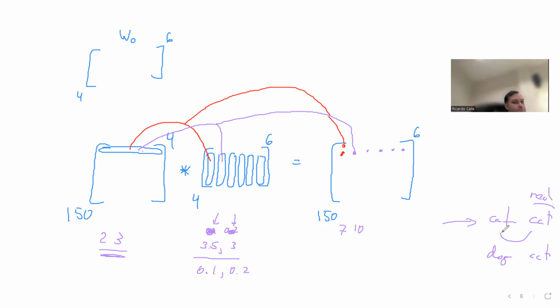And the bias in this case would be 0 and 1? No, these are weights, actually. I'm referring to these as weights. So the bias would be for this operation, adding it here. Like you see these 6, then you have to add 6 biases, one for each, respectively. Gotcha. Make sense? Yeah. I'll need to study this. Okay.